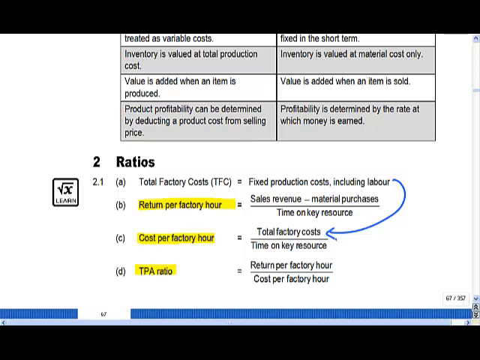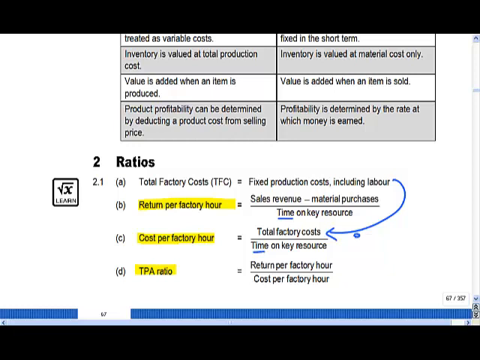Now we tend to refer to these ratios as per hour, but you'll notice in the formulae there, it's just talking about time. Okay, if you're given a question where everything is in days, or weeks, or months, that's fine, it doesn't matter. You don't have to get it to an hour, the resulting ratio will be the same. What you do have to do is make sure, for whatever it is you're calculating, everything has the same measure of time.